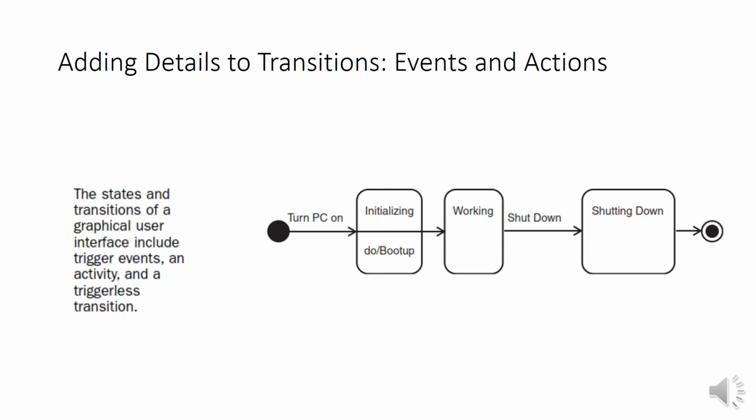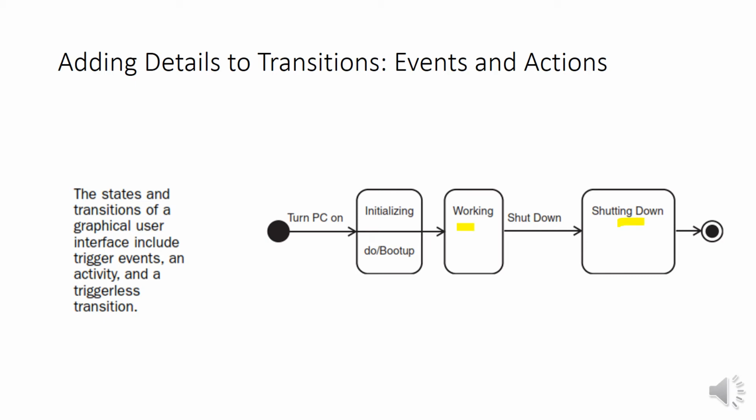So, adding details to transition events and actions. The diagram is about a graphical user interface. For the moment we assume three states of the graphical user interface: initializing, working, and shutting down.